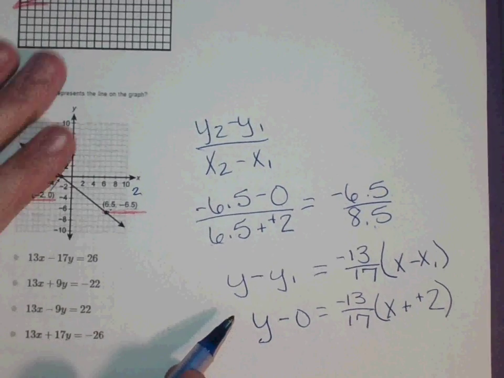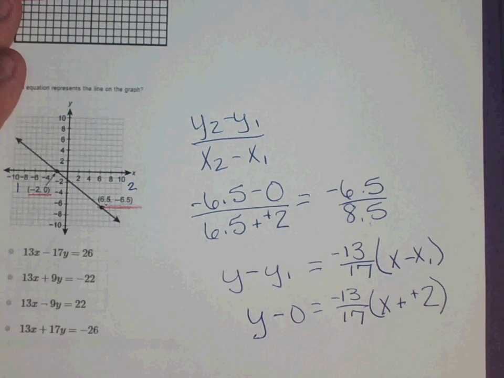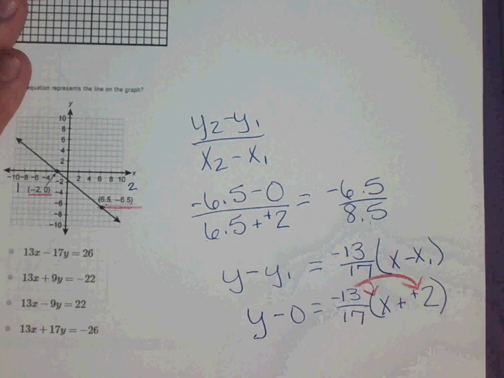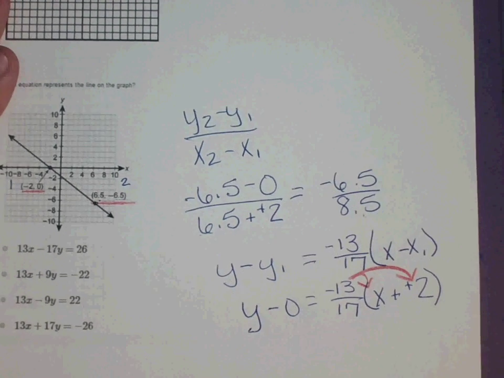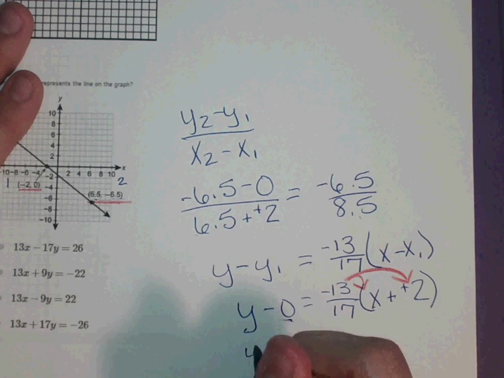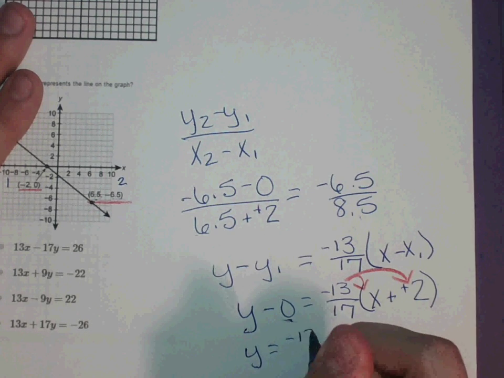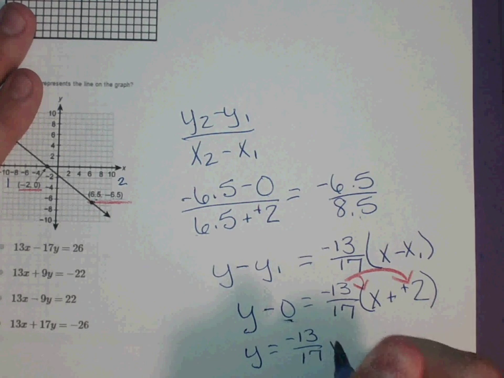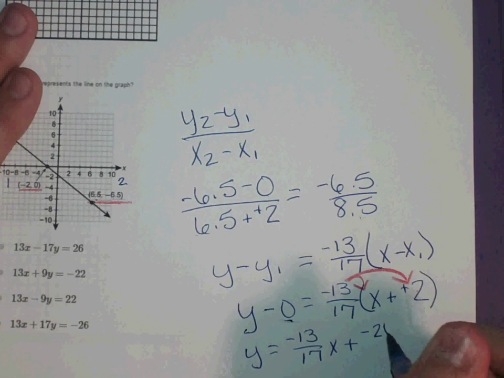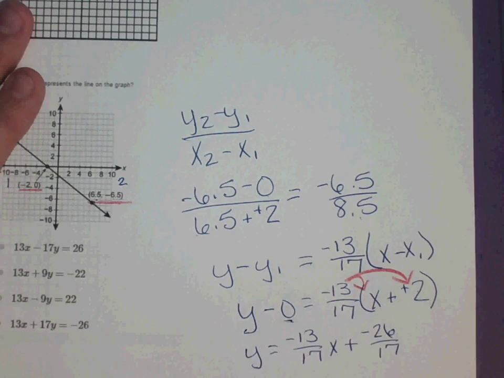Now to get it in standard form, I have to have the x and the y both on the left. So I'm going to start with my distributive property. So I'm going to distribute this 13/17. So the 0 over here goes away. So I'll have -13/17 x plus -26/17.